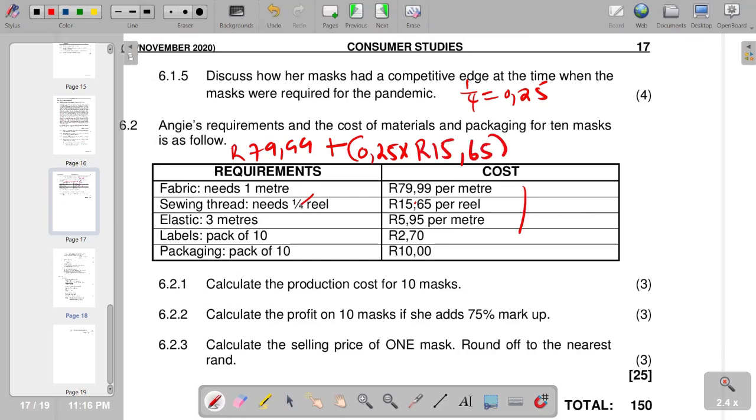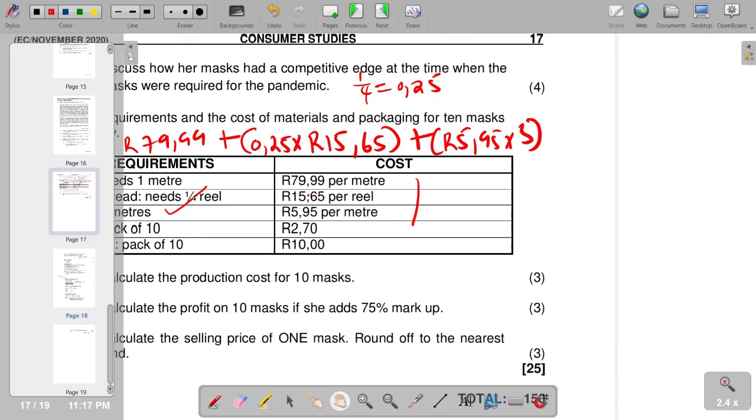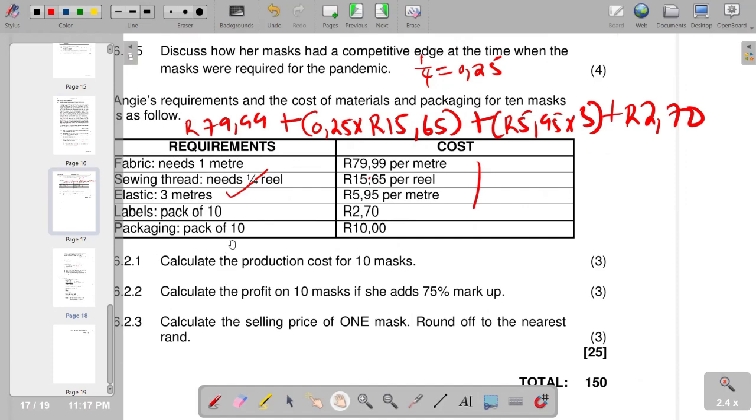And then we add the next part, which is 3 meters at 5 rand 95 per meter, which means 5.95 times 3. Then we say 5 rand 95, and then we multiply by 3. And then we go on to the labels, per pack of 10 is 2 rand 70. So we add 2 rand 70. And then we also have packaging, per pack of 10, 10 rand.